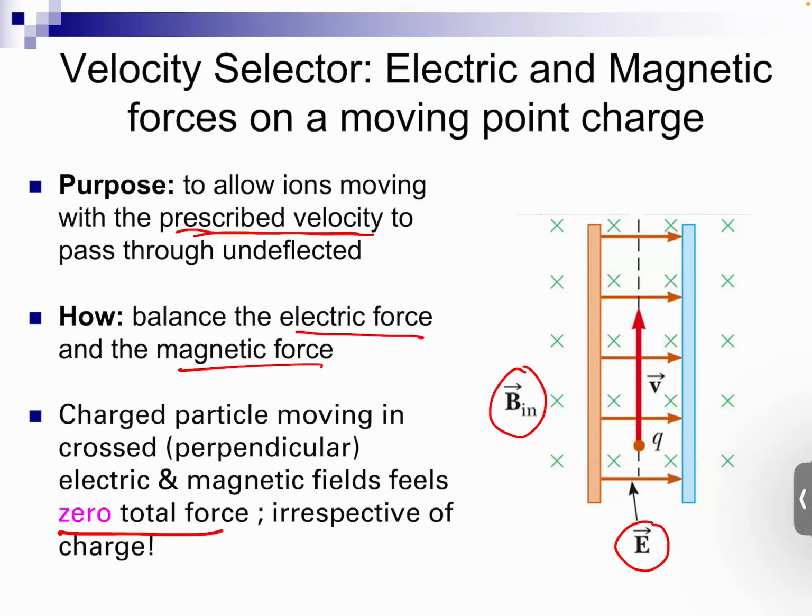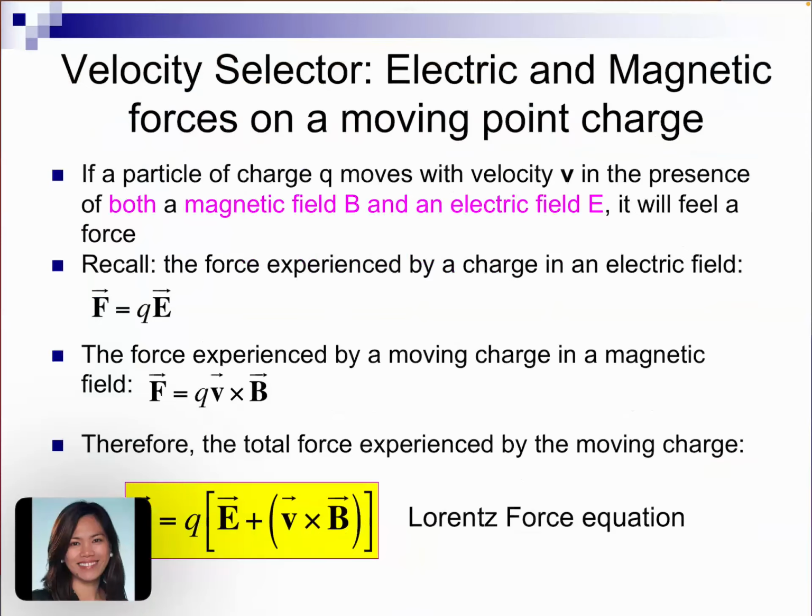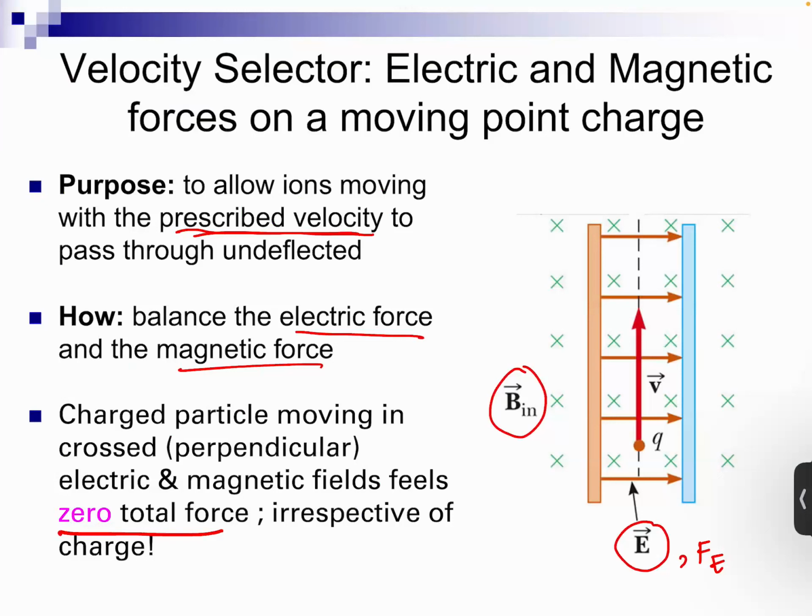Yeah, all we want is to balance out the electric force. We have an electric force because of the electric field. We have a magnetic force because of the magnetic field, right?